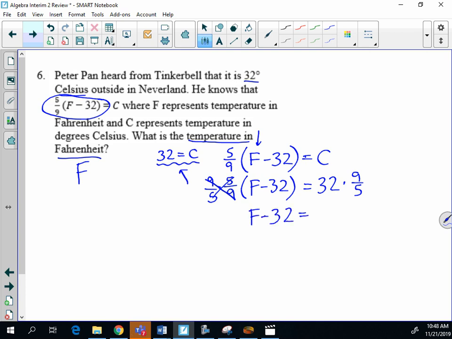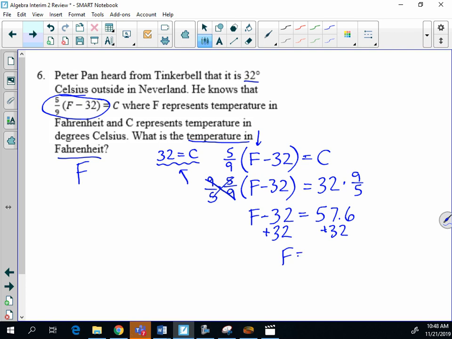I'm left with F minus 32. And on the other side, I have 32 times 9 divided by 5. So I use my calculator, and I get 57.6. My last step is to add 32 to both sides.